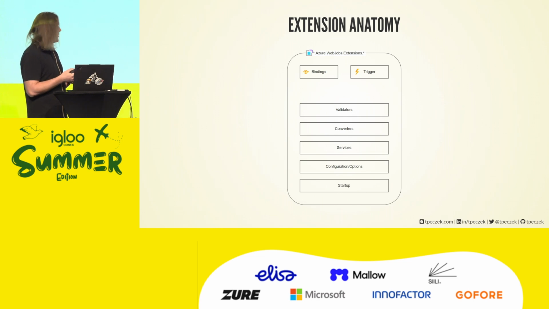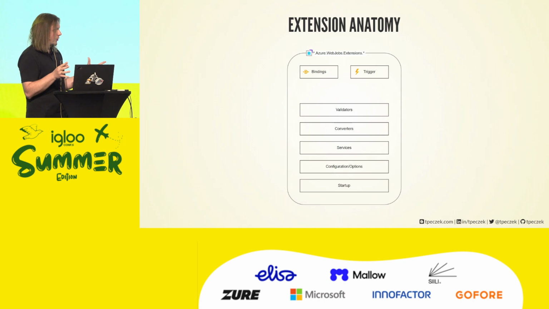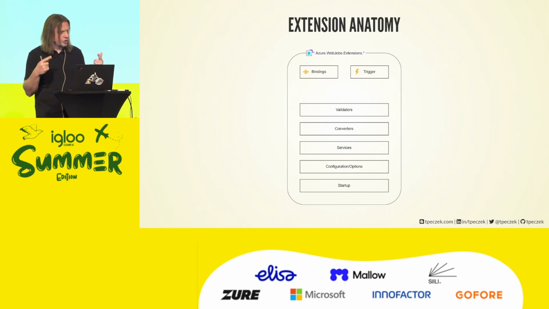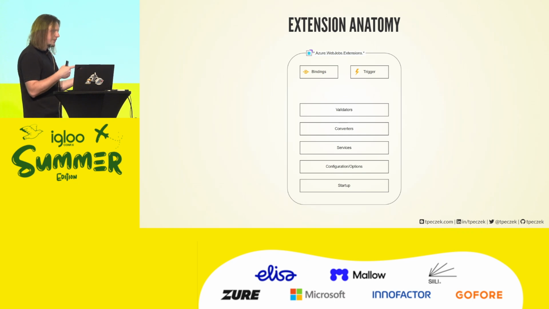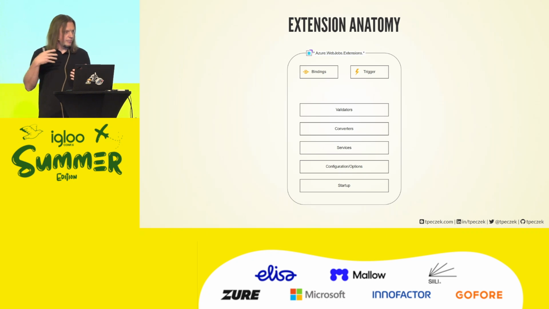Let's say we have a function app. We brought some extensions, as we usually do. We deployed it to Azure. Azure is starting our function app up. The Azure Functions runtime will scan all those extension assemblies for those WebJob startup classes. It will call the Configure method and register our extension services. It will then ask for all the extension config providers, call Initialize, and create all the binding rules.